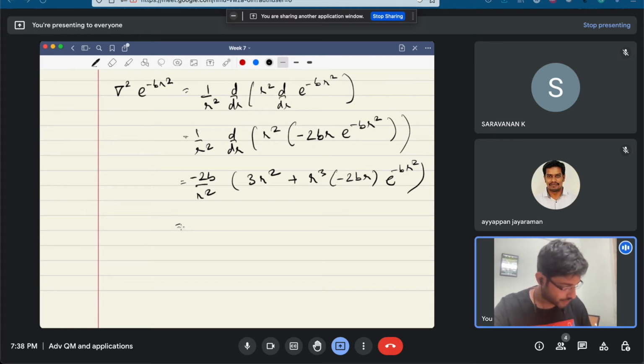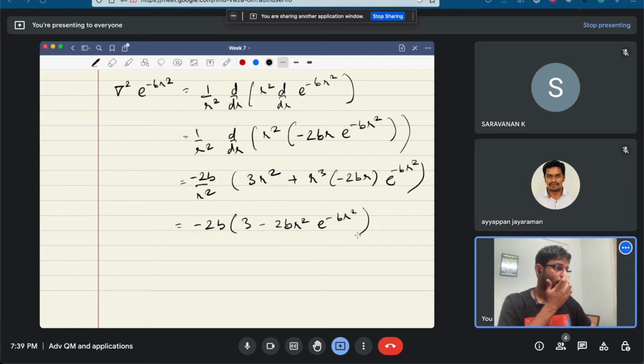So what we essentially get, since there is r square in the denominator, we get minus 2b 3 plus r square minus 2b r square br square. I hope so.